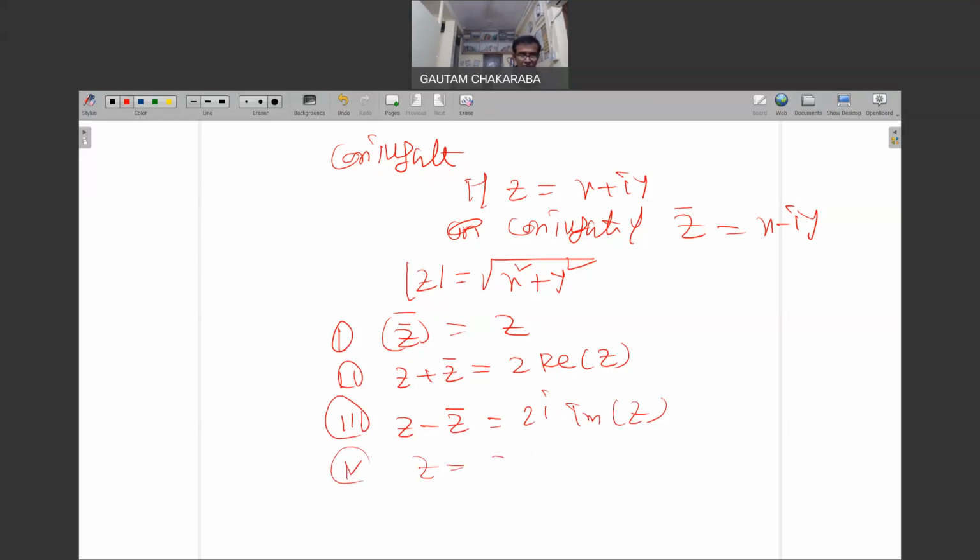Next, z equal to z conjugate means z is purely real.